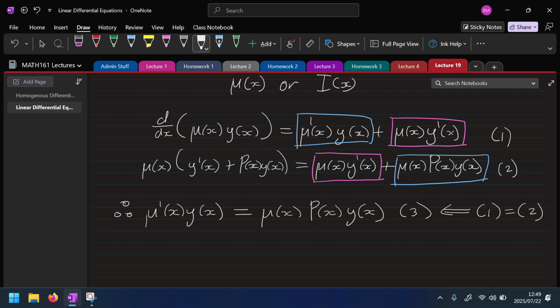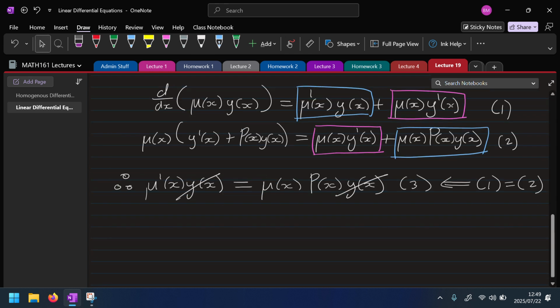Now, on both sides of equation 3, we have y of x. Okay, on the left and the right, we can cancel that. So we end up with mu prime is equal to mu times p. Okay, so I'm going to leave out the mu of x and so on just to make it a bit simpler. So here we have a differential equation for mu.